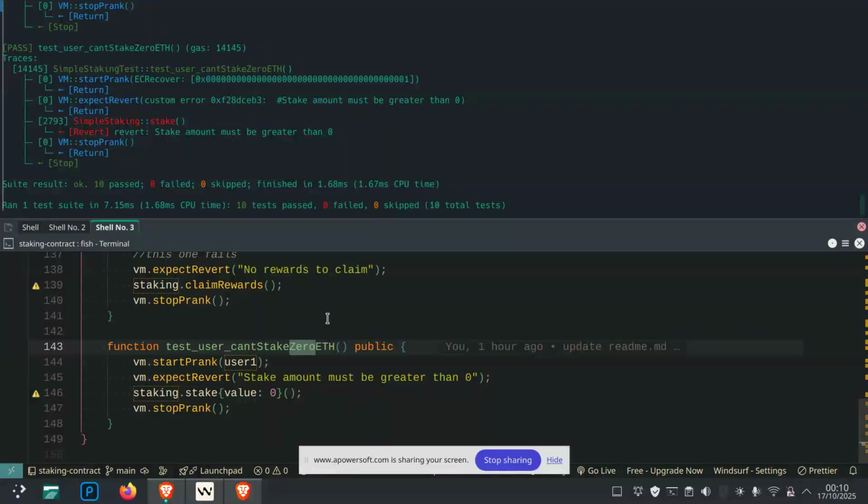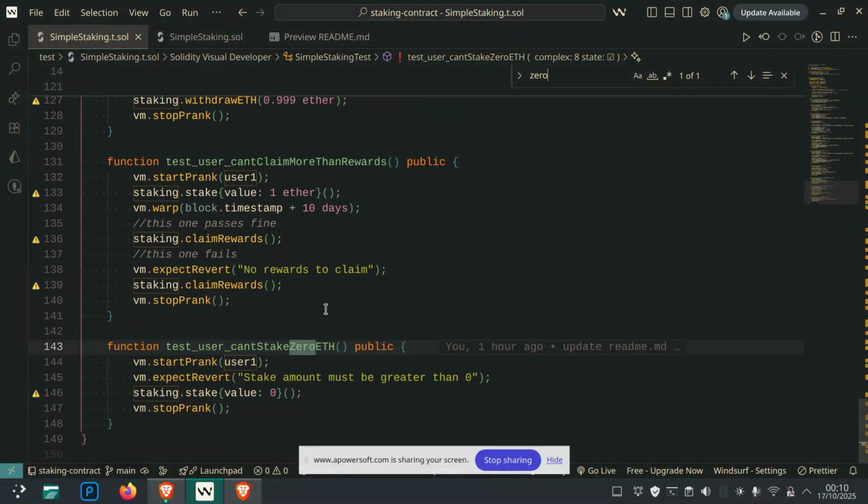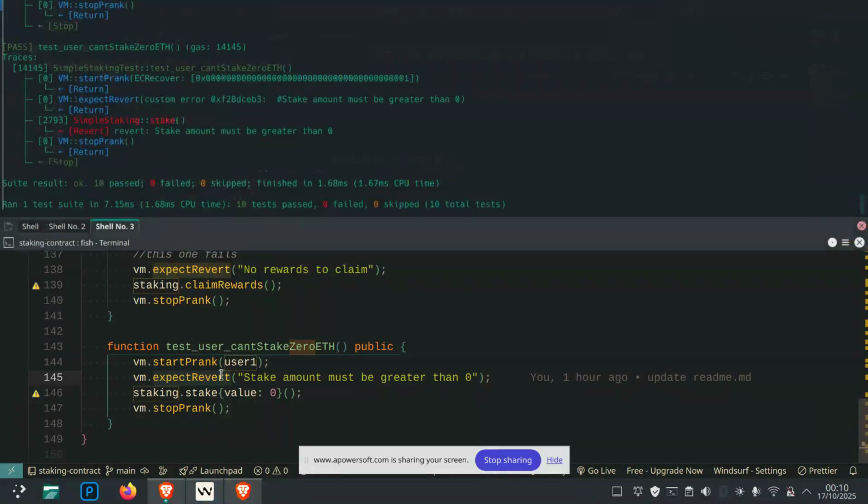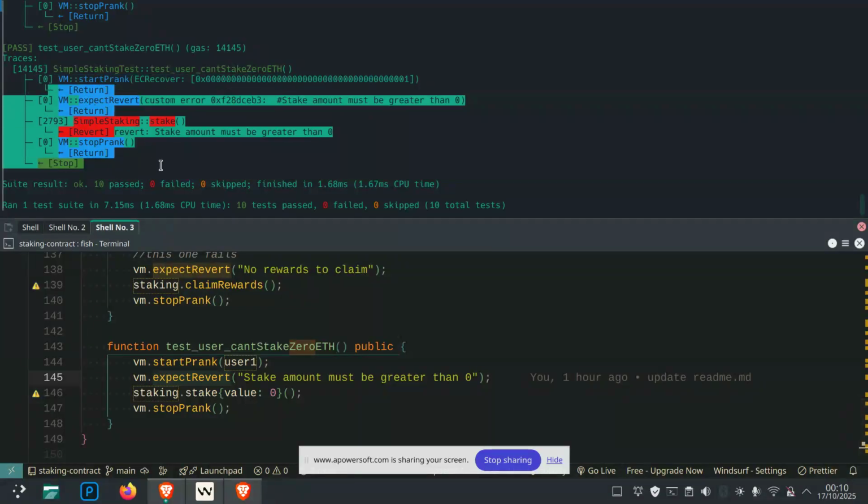You can check the tests we have done, just to clarify what was going on here. In this test, we are trying whether the user can stake 0 Ether, and we write here expect revert because it should revert. User shouldn't be able to stake 0 value, and it reverts.